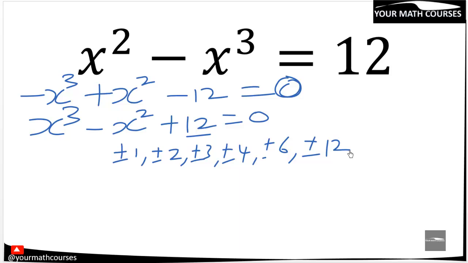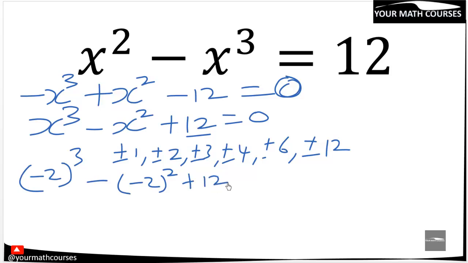So when we test negative 2, we get negative 2 cubed minus negative 2 squared. And what would that give us? Negative 2 cubed will give us negative 8.